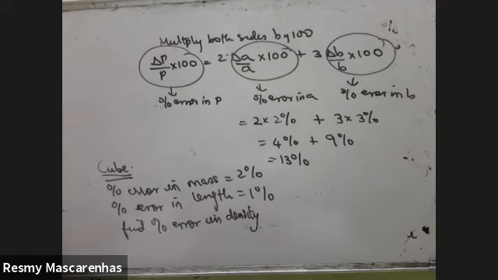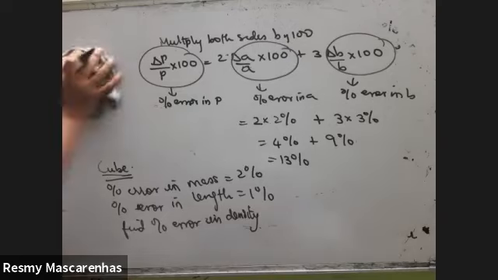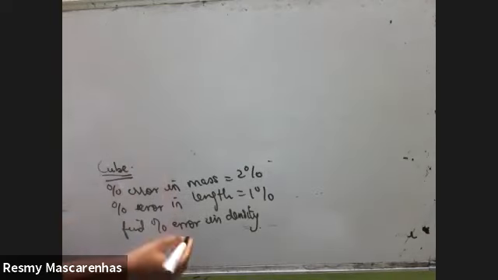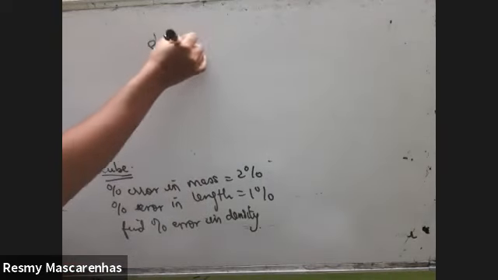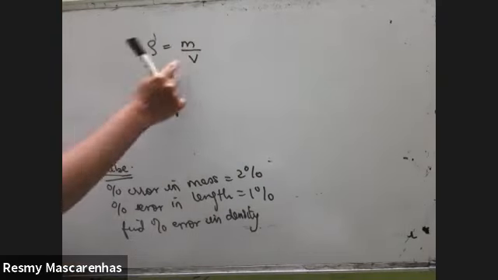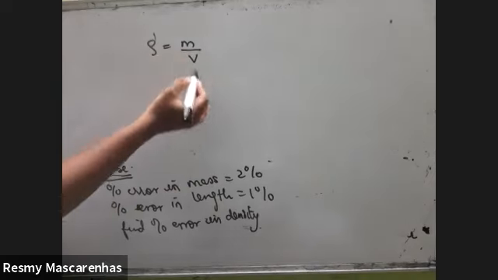Now here it is slightly different, because the density formula is mass upon volume, but if you see, length has been given. Is V given to us to calculate? No, so we have to first see what has been given.